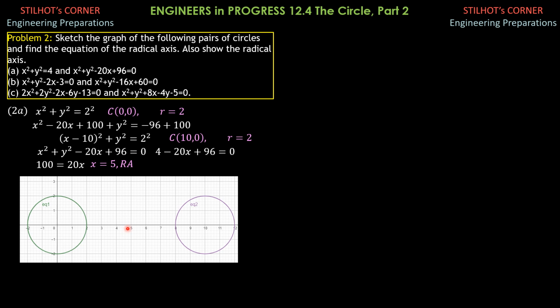So in this case, this is the line of centers, and the radical axis passes through this. So this is the circle x squared plus y squared equals 4. This is the circle x squared plus y squared minus 20x plus 96 equals 0. And the radical axis is x equals 5.